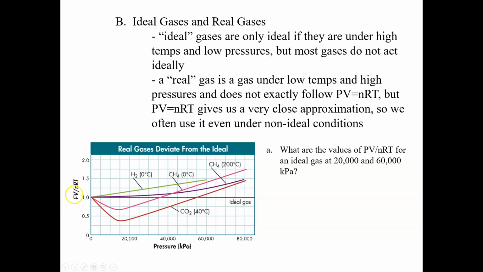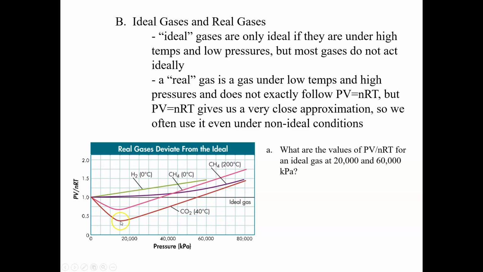Notice on the y-axis, we have PV over nRT. So what are the values of PV over nRT for an ideal gas at 20,000 and 60,000 kilopascals? Okay. So at 20,000, depends on what gas you're talking about. Are you talking about carbon dioxide or methane or hydrogen? So we have a couple of different gases that we're working with here, right?